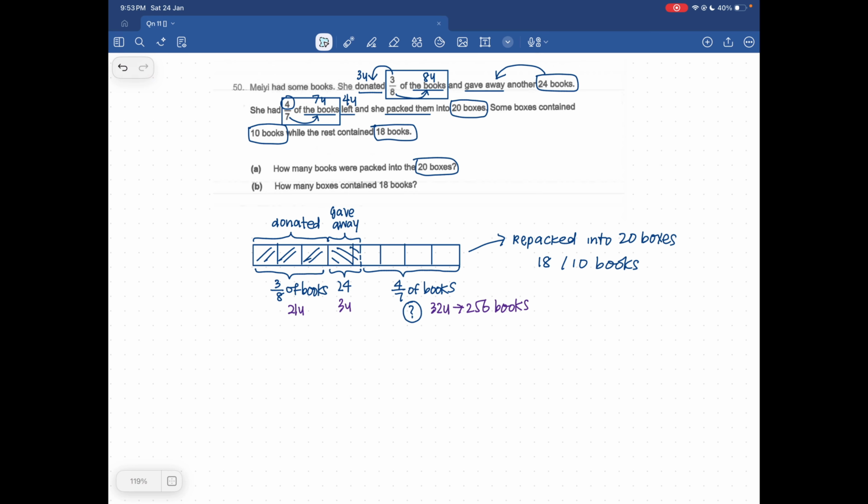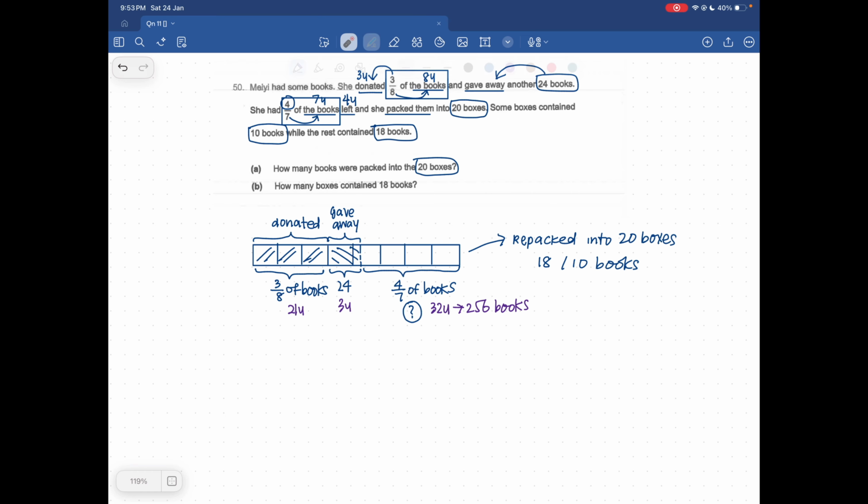Now let's continue with part B. I want to find out how many boxes contain 18 books. The 256 books we found in part A are repacked into 20 boxes, and some of them contain 18 books, some of them contain 10 books. There are 2 ways to solve this question, either the guess and check way or the assumption method. In our video today, we are going to practice the assumption method again.